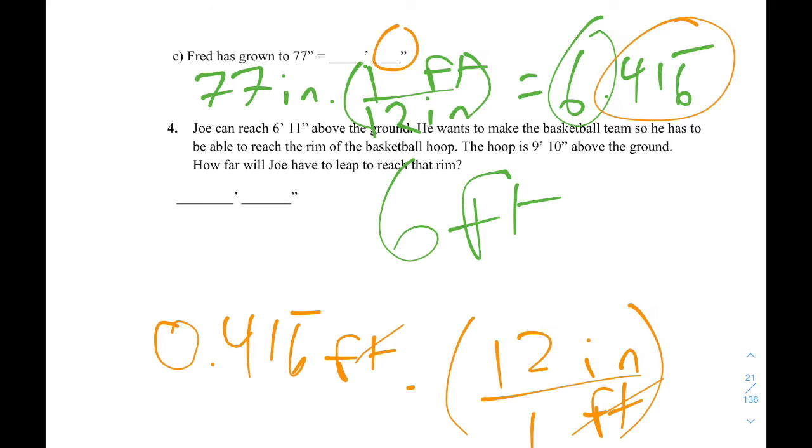So if we take our 0.416 and we multiply it by 12, we find out that we have 5 inches remaining. So 5 inches goes here, and 6 feet go there. So Fred has grown to 77 inches means the same as Fred has grown to 6 feet 5 inches tall.